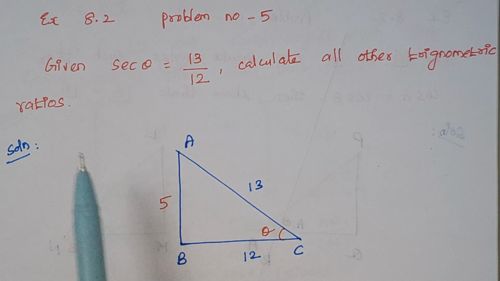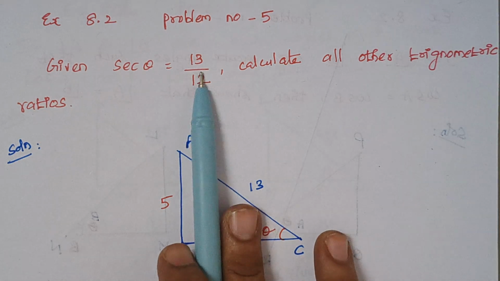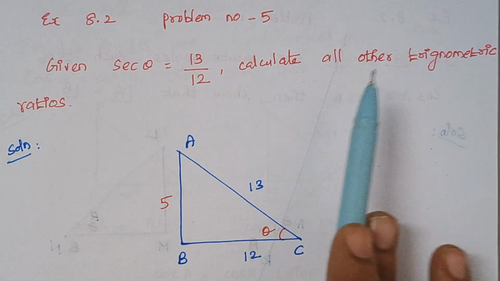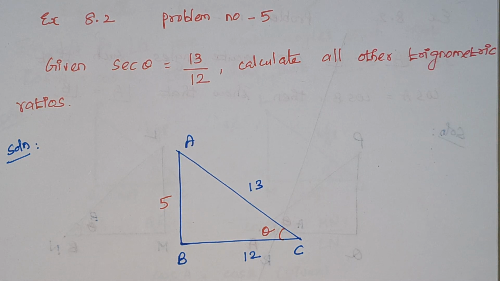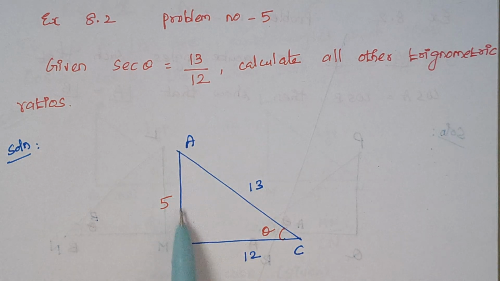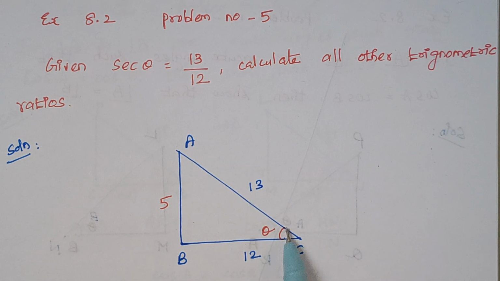The problem is: given secant theta is equal to 13 by 12, calculate all other trigonometric ratios. So the value of secant theta is given. The first step is we have to draw the triangle and find all the sides, right? So here let theta be here. ABC is a triangle. Now theta is here.